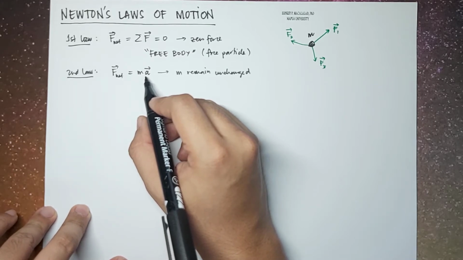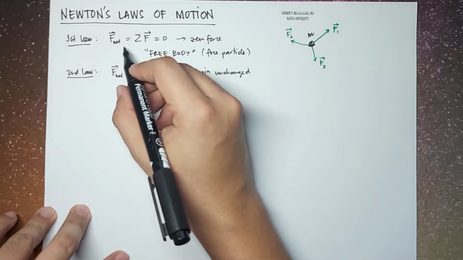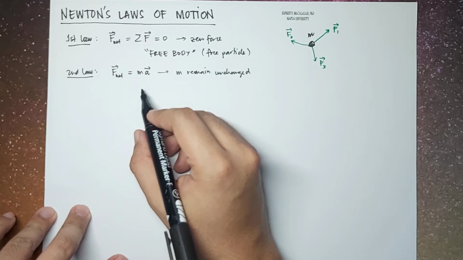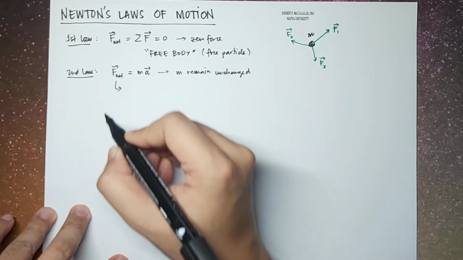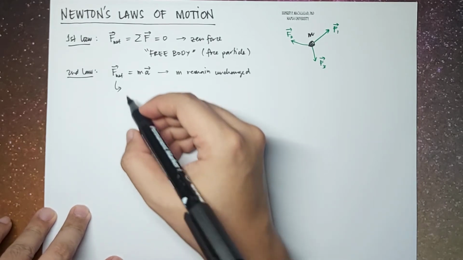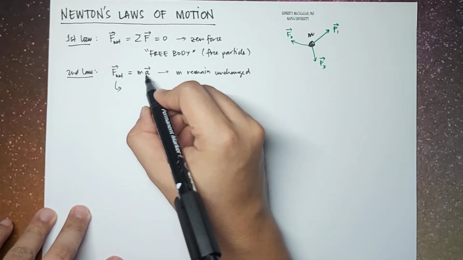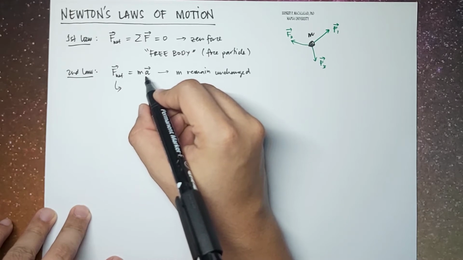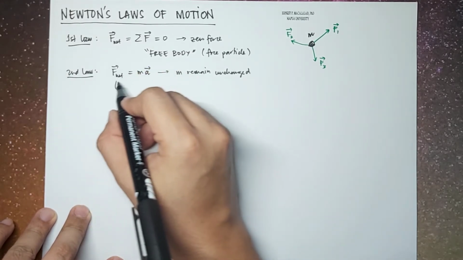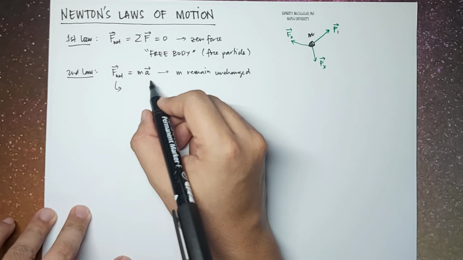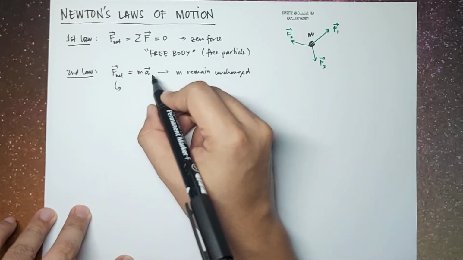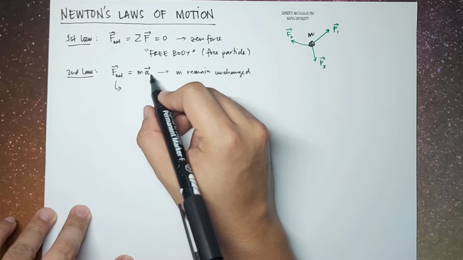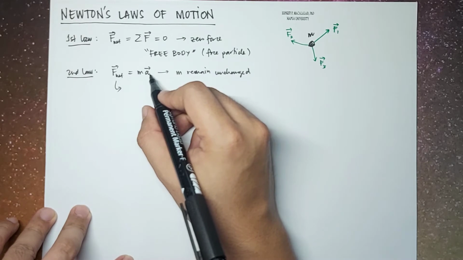Together with Newton's first law, Newton's second law operationally defines what a force is. And this force dictates the acceleration of the particle, because this equation generally tells us that forces cause objects to accelerate. When we say acceleration, that means the velocity changes.